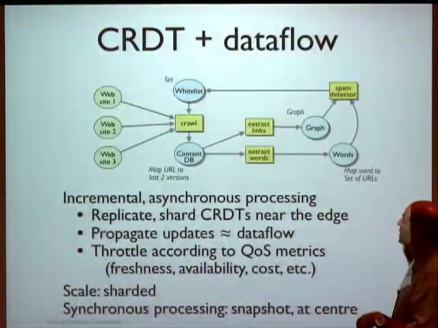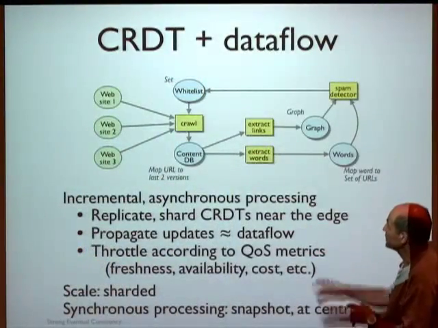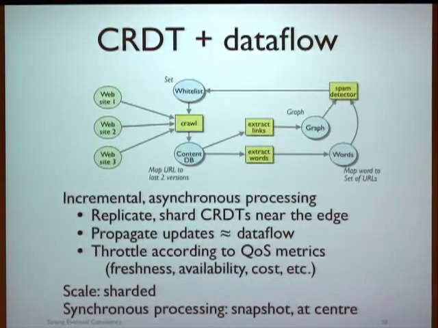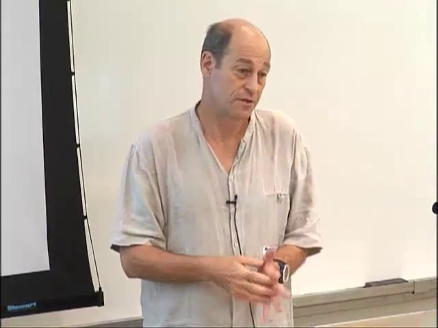And what we're thinking of doing is something like this. If you look at the semantics, for instance, of a web search, a lot of the stuff that's in there is amenable to CRDTs.